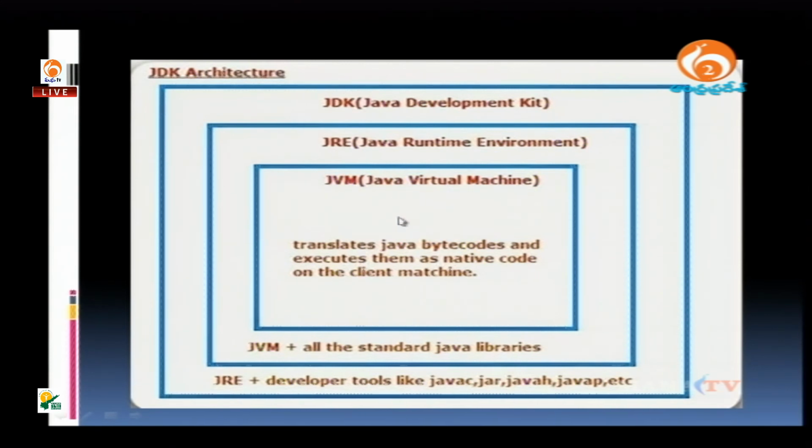The job of the JVM is to translate Java bytecode and execute the Java program. If possible, draw this diagram also: JDK architecture, JRE, Java Runtime Environment, which contains the JVM.